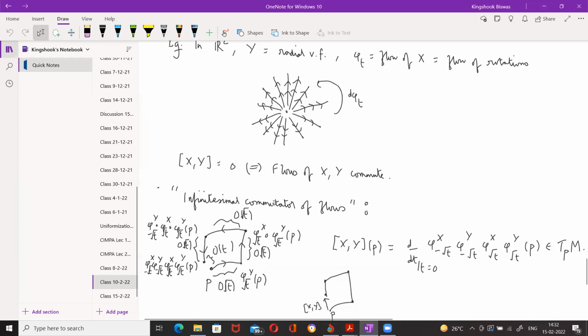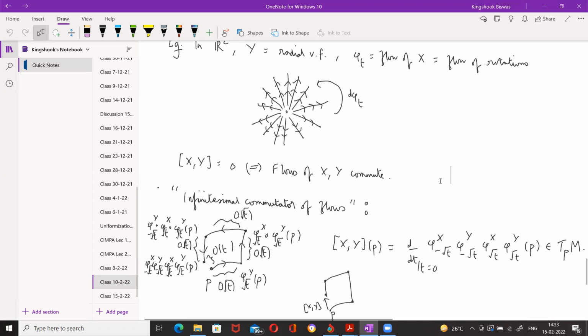So geometrically, what this proposition is saying, the Lie bracket, you can think of it as an infinitesimal commutator. So saying that the Lie bracket is 0 means that for very small times, infinitely small times, the flows of X and Y commute.